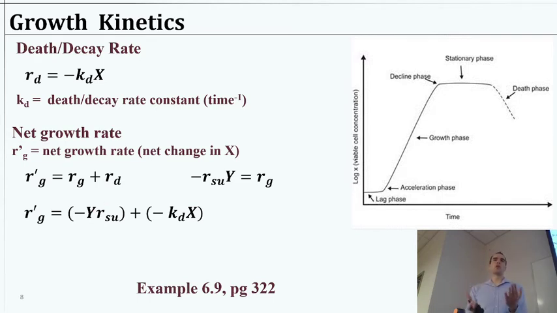Another reason is because we're often tracking the substrate concentration. That's something that we measure, so that's a handy tool to use. Then that would be minus this KdX.